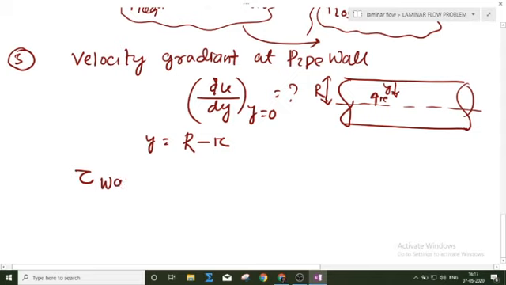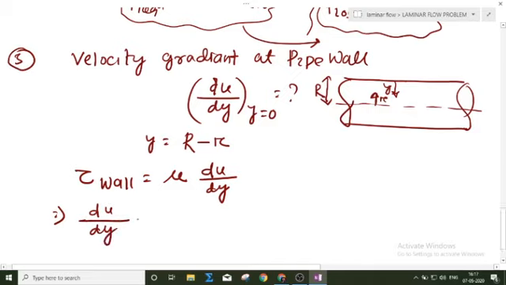I can write this wall shear stress from Newton's law of viscosity as mu into du by dy. So this du by dy will be equal to wall shear stress divided by mu. So we have to find out this one.